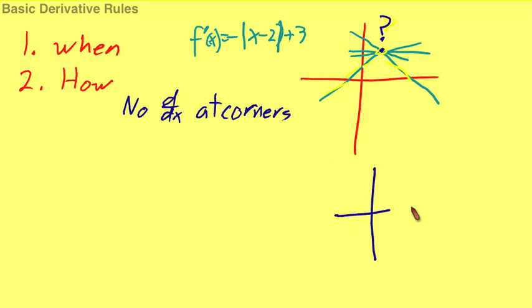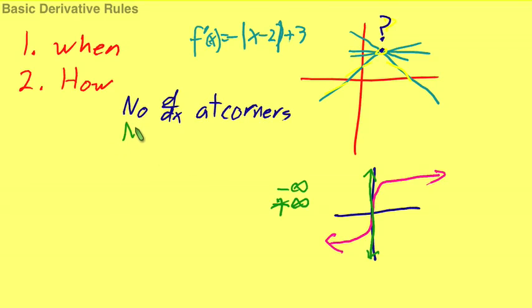And there's another time where you can't find the derivative. If you have a vertical line somewhere inside the function, there is no derivative at this point here. And there's another reason why, because you have two potential tangent lines. This could either be negative infinity or positive infinity as the slope there.